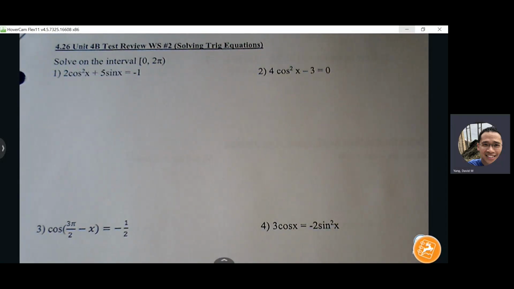Does anybody not have this handout? Okay, try number 1. I see an opportunity for that cosine squared to be rewritten, right?